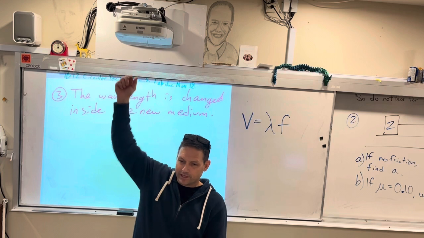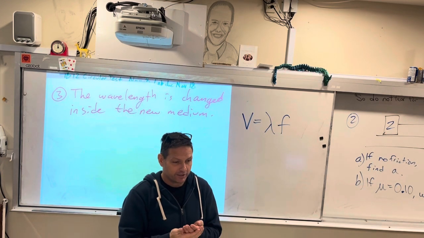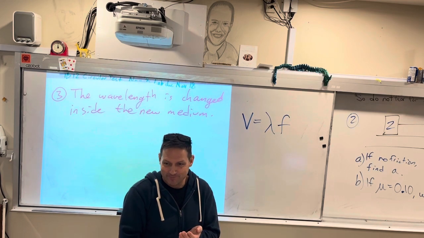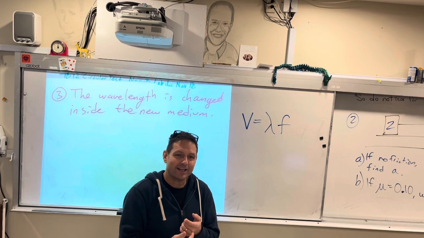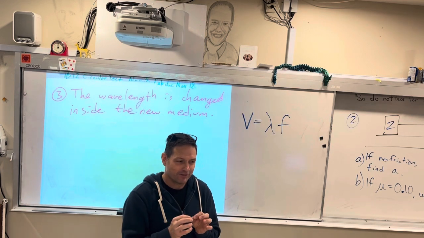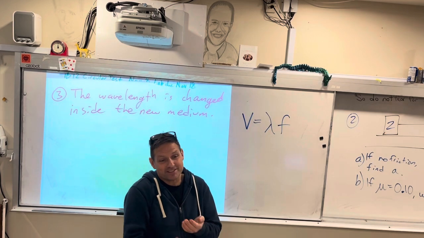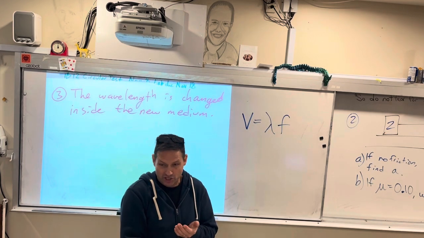So you have coming in fast, wham, wham, wham, wham, wham, and going out, it's like wham, wham, wham, wham, wham, right? The number of crests going in has to equal the number of crests going out. But the distance between those crests is going to change.